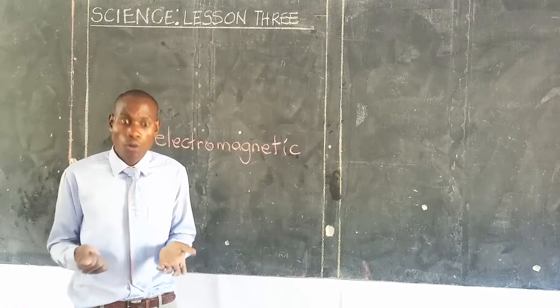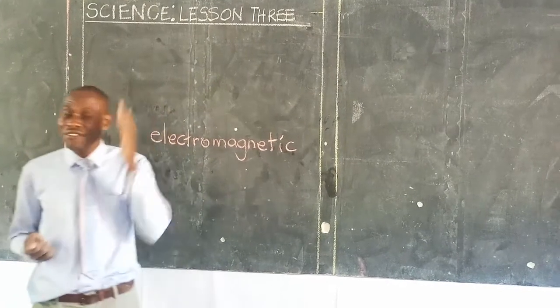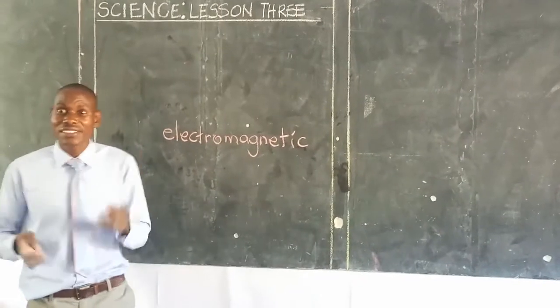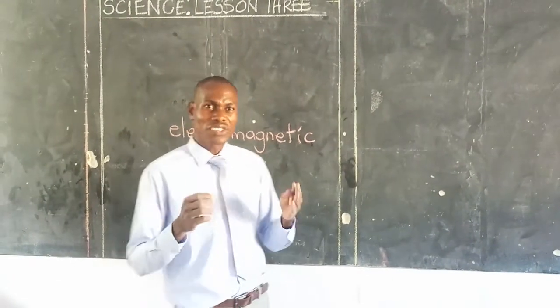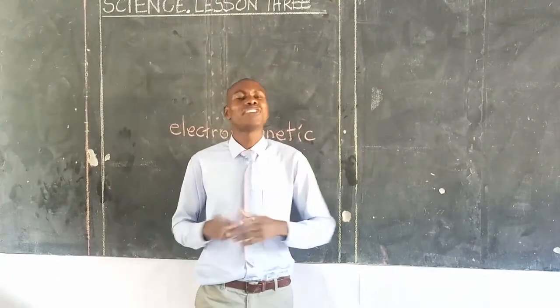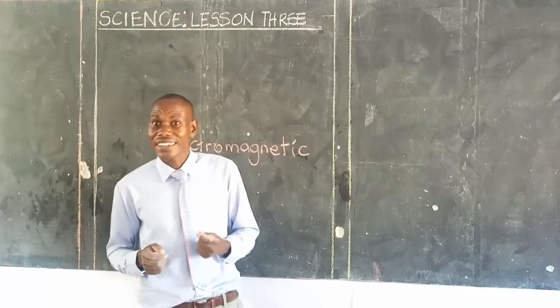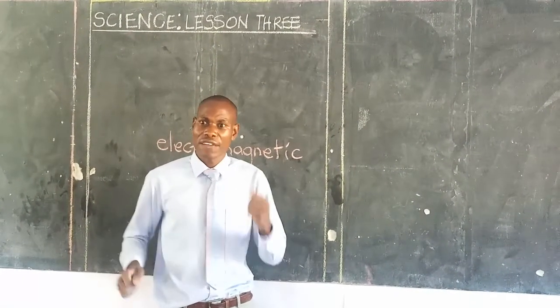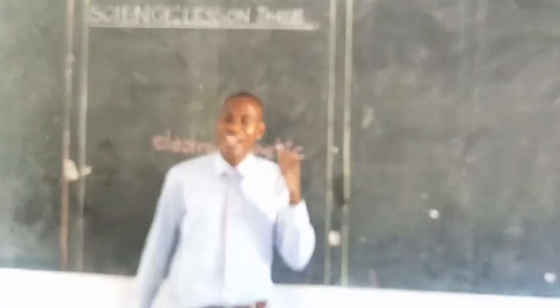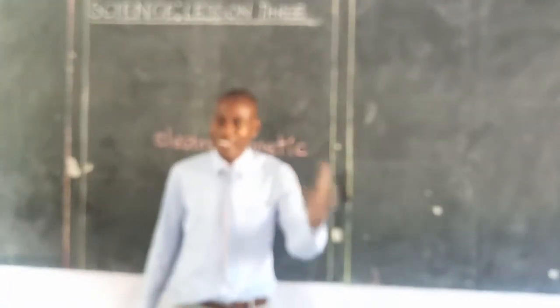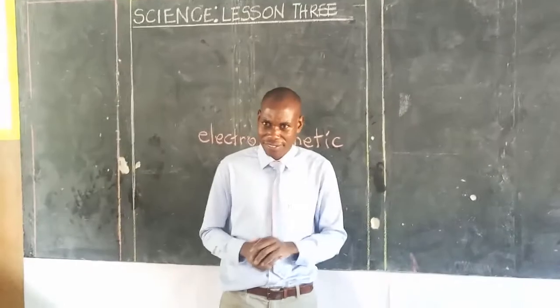For example, when we look at a firefly, it is a species of male beetles which emit light at night or in darkness.